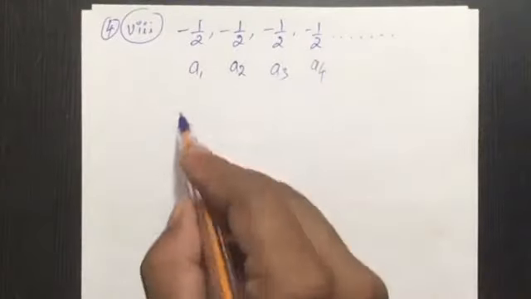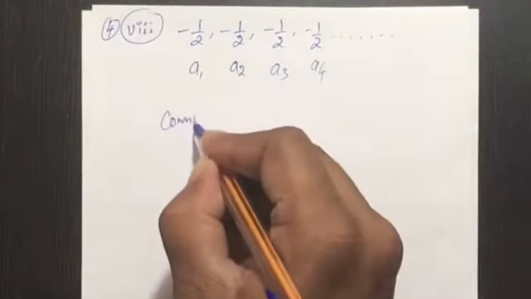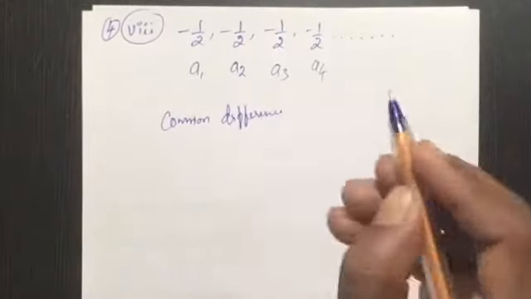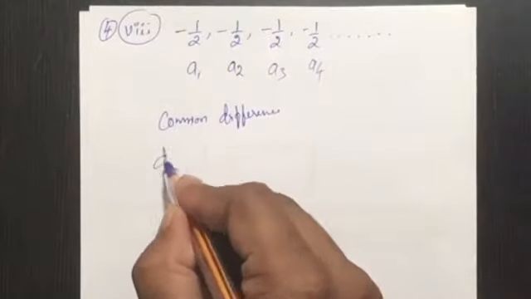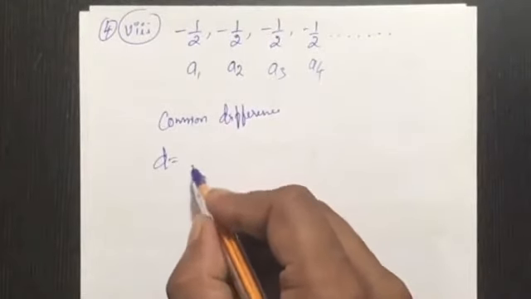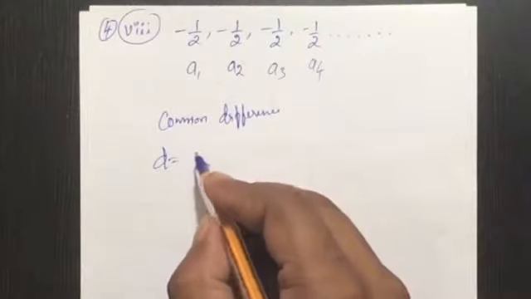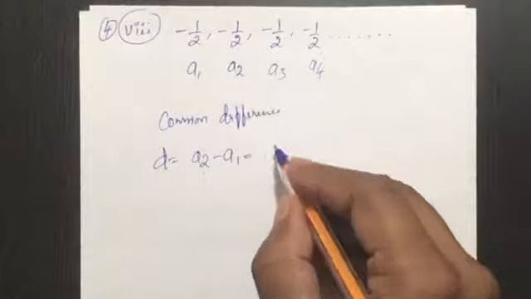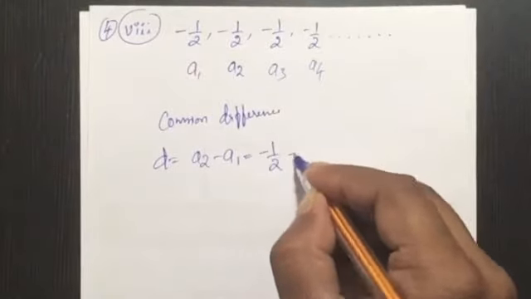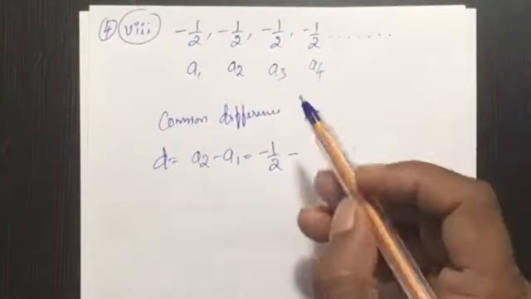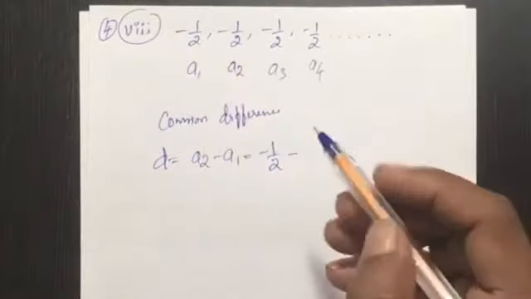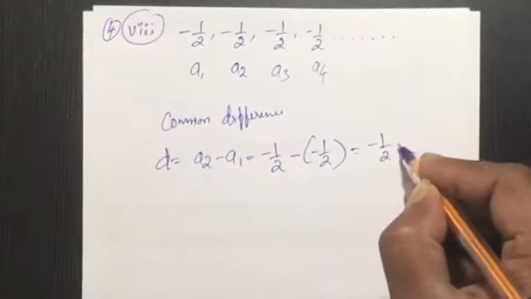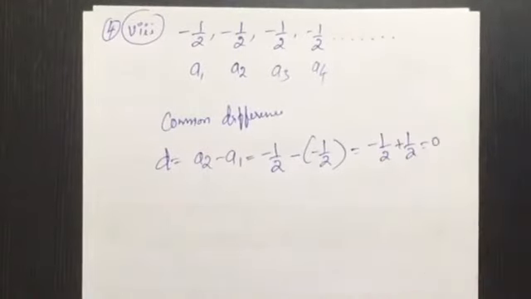So students, the common difference D is A2 minus A1. A2 is minus 1 by 2 minus A1, which is minus 1 by 2. So this becomes minus 1 by 2 plus 1 by 2, which is 0.